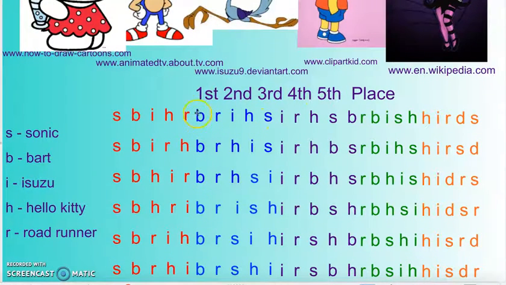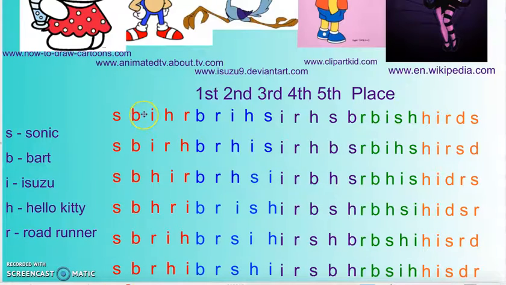Then I started all over again and I put Bart first, and then I put Isuzu first, and then Roadrunner first, and then Hello Kitty first. So I kept them organized by color and by columns. And I noticed that for every single character, there are 24 different ways that I can arrange them for each character to be first.